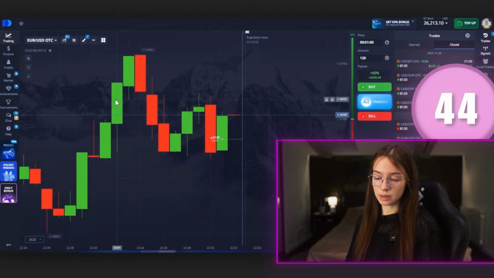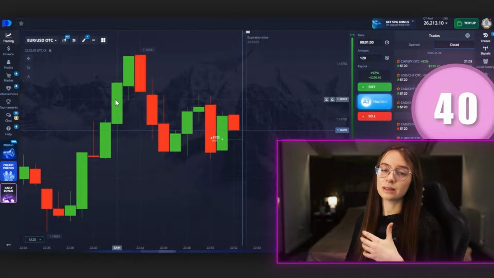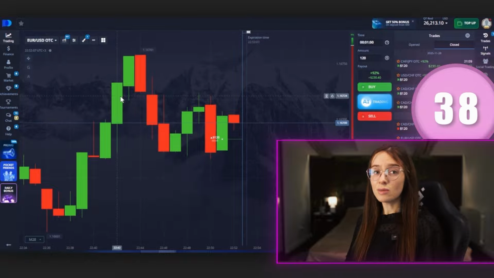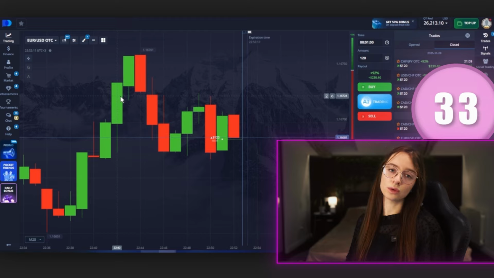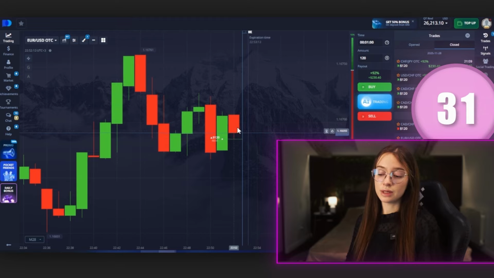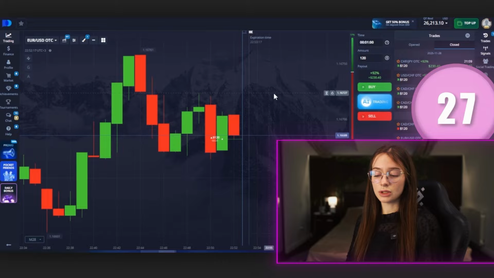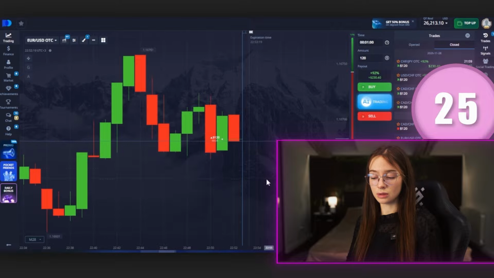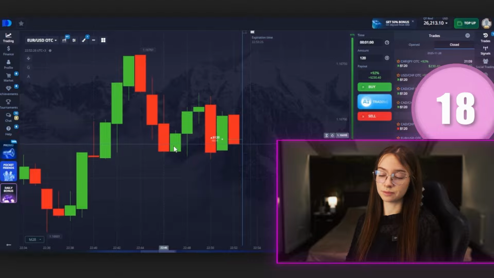Avoid chaotic pairs. They make technical analysis difficult and increase risk. Stable pairs with clear structure are more profitable over the long term. There is a small downward candle now, but it should stabilize within a minute. I do not expect the price to stay below our levels for long, so we wait calmly.